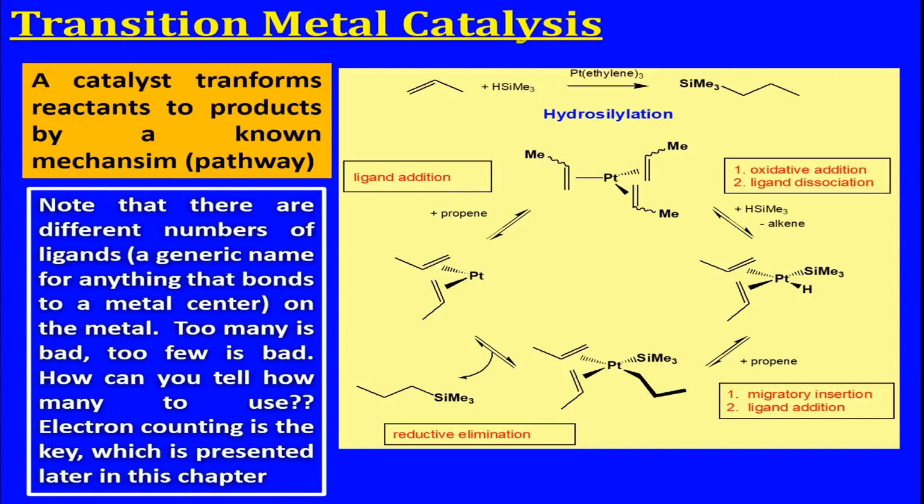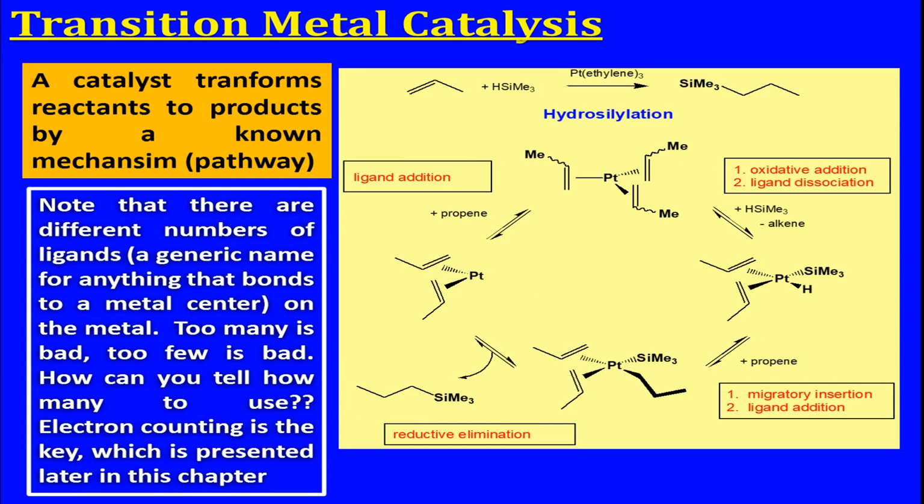The aim of the organometallic course is to know if the organometallic complex can act as a catalyst or not, and to note that there are different numbers of ligands around the center metal.